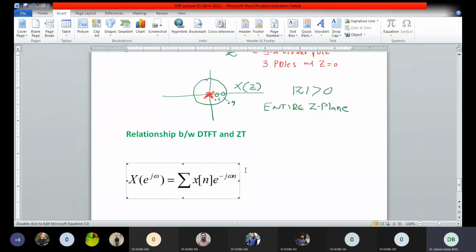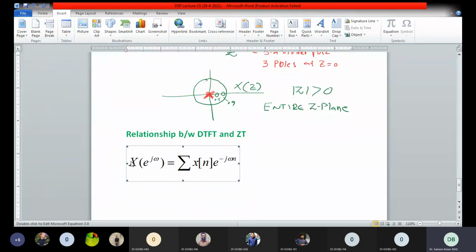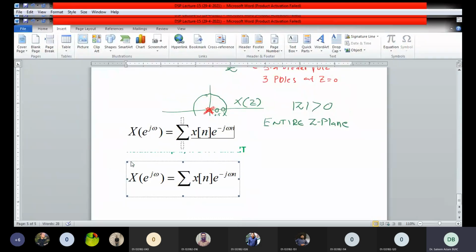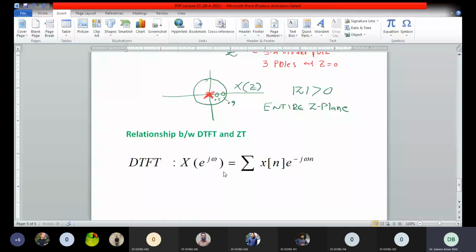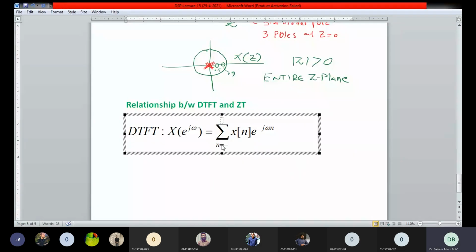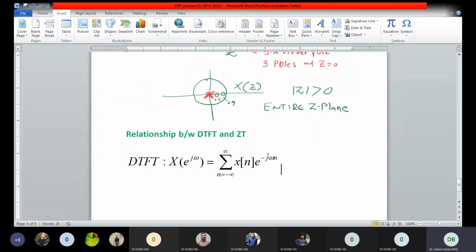So this is the formula for the discrete time Fourier transform, DTFT. Its summation goes from minus infinity to plus infinity. Hopefully you remember this formula from your chapter number 2.